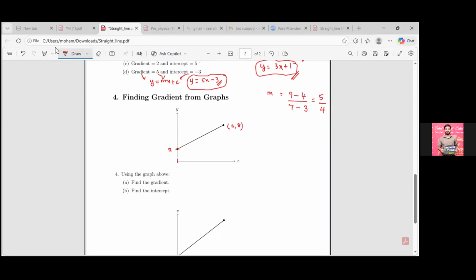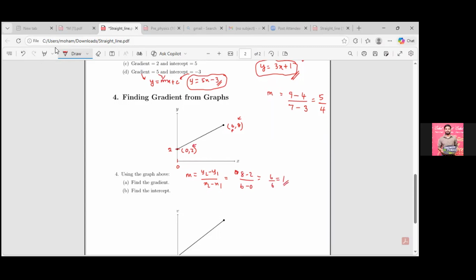You can see at this point x is 0, and that's 2, so the coordinate will be 0 comma 2. So you can find the gradient using y2 minus y1 over x2 minus x1. Let's take this as y2, 8, and this is y1, which is 2. 8 minus 2 divided by x2 is 6, x1 is 0. 8 minus 2 is 6, 6 over 6 is 1.